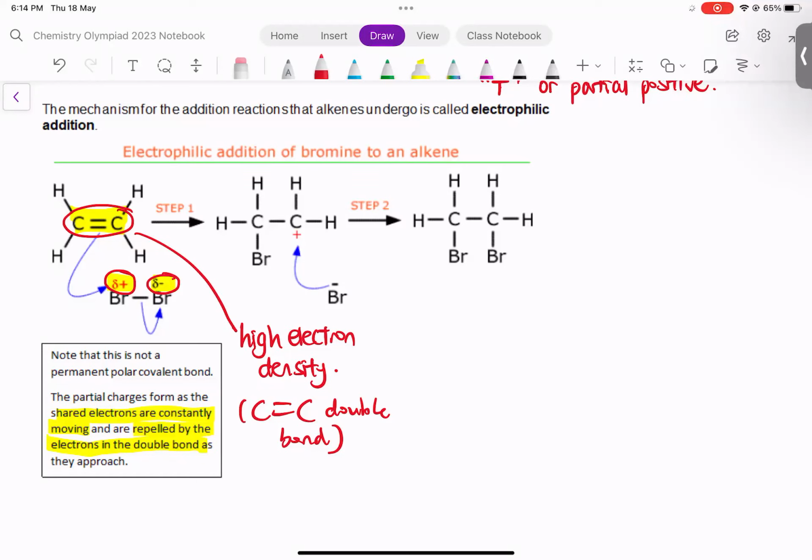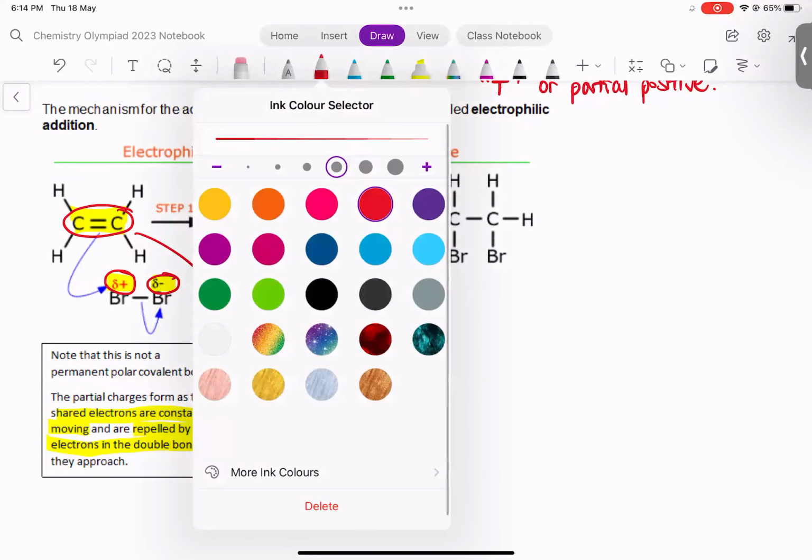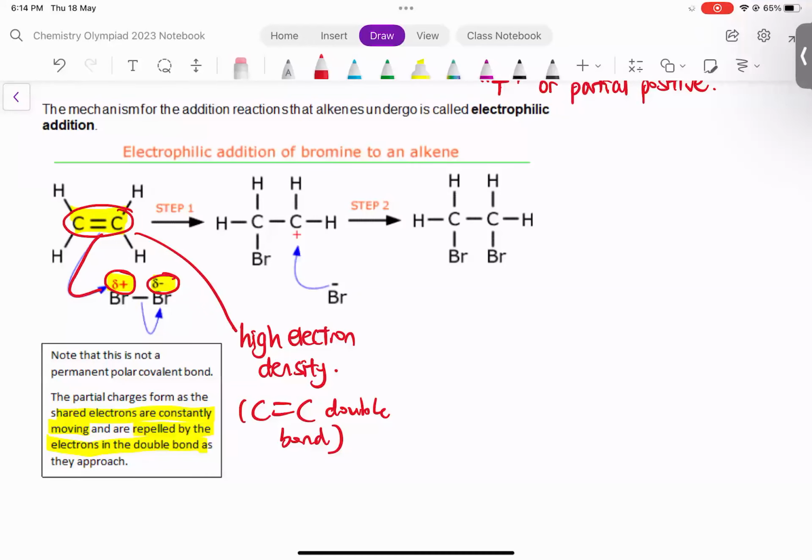So step 1 involves the double bond's electrons going towards bromine. This is what this arrow shows. At the same time, the bromine-bromine covalent bond breaks. This is what this arrow shows. So what do you end up with?